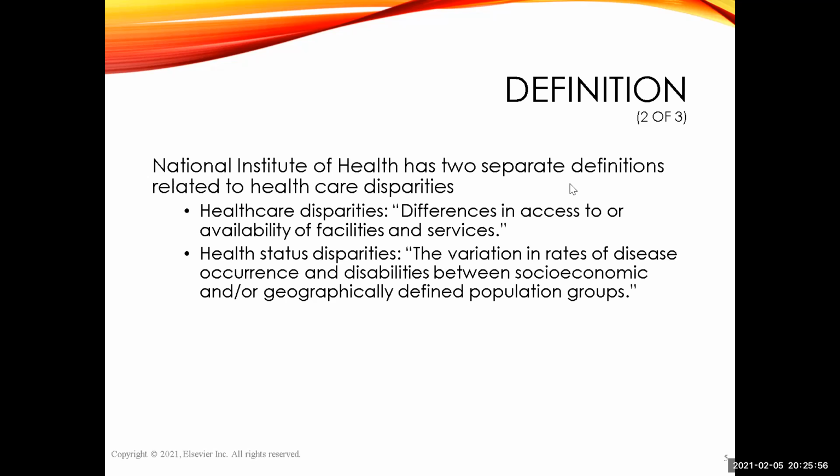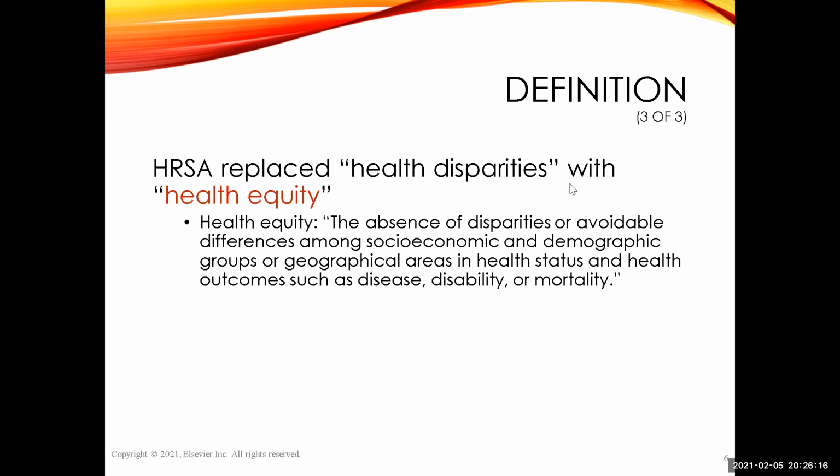And then there's the health status disparity, where there's actually variation in rates of disease occurrence and disability between socioeconomic and geographically defined population groups. And then there's the definition that the Health Resources and Services Administration recently came up with.